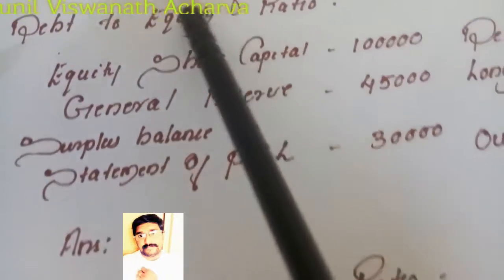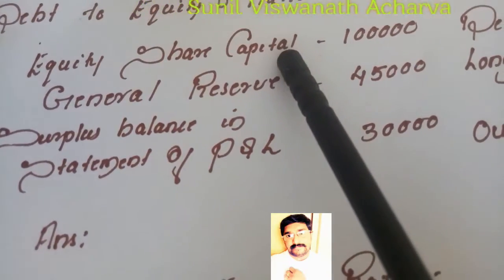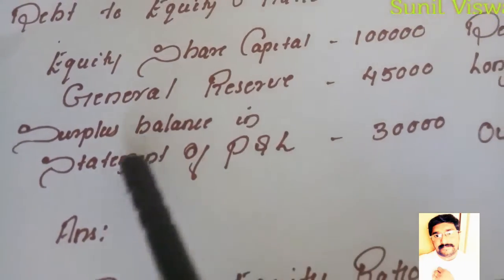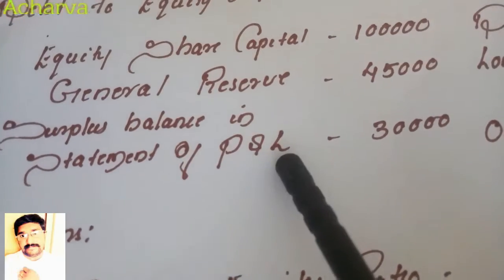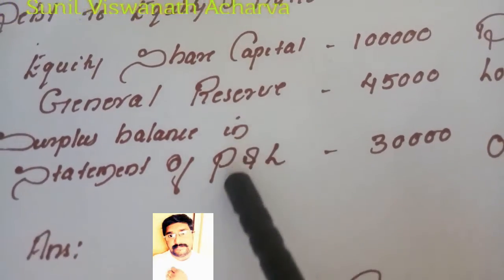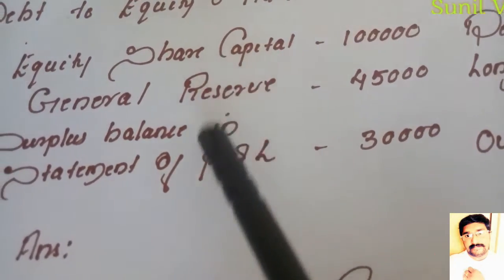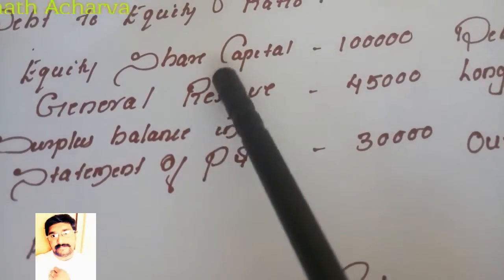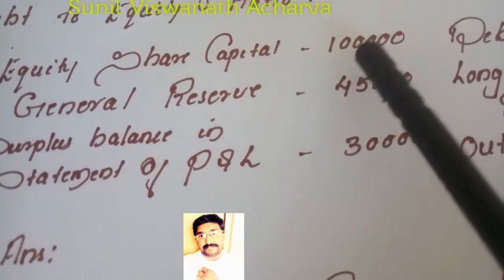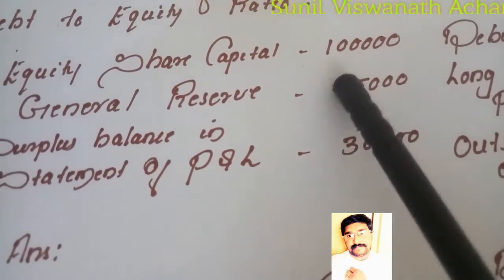See in this question, equity share capital, general reserve, surplus balance in statement of profit and loss, these all are owners fund. Remember the balance sheet format, all these items come under shareholders fund. So its total will be the shareholders fund.